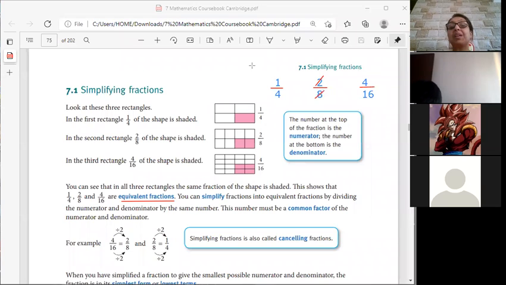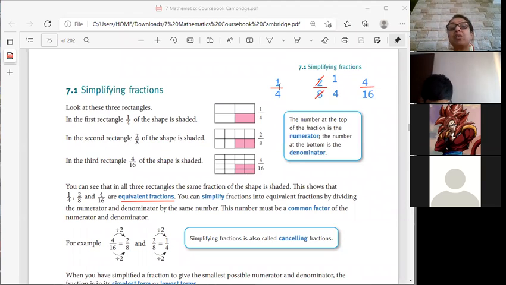If I divide by 2, I get 1 on the top and 4 in the bottom. That means my numerator and my denominator.